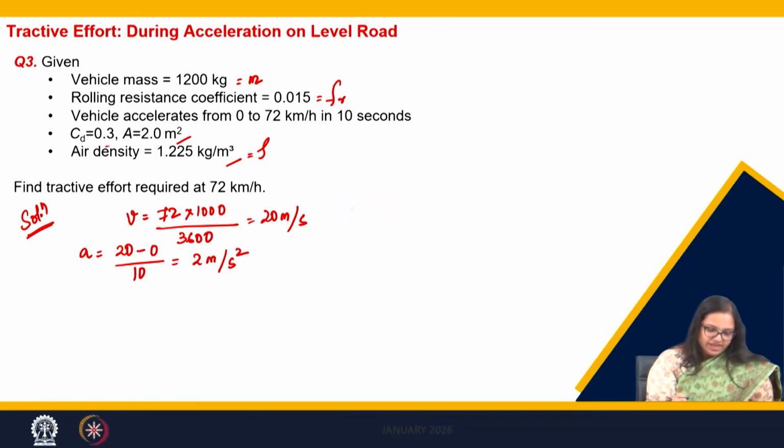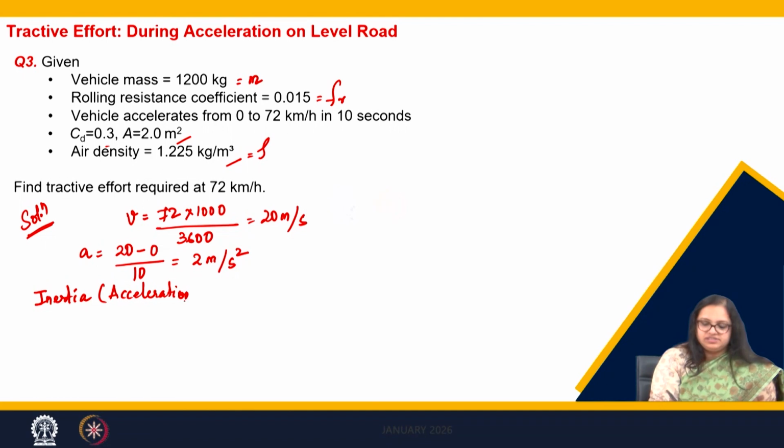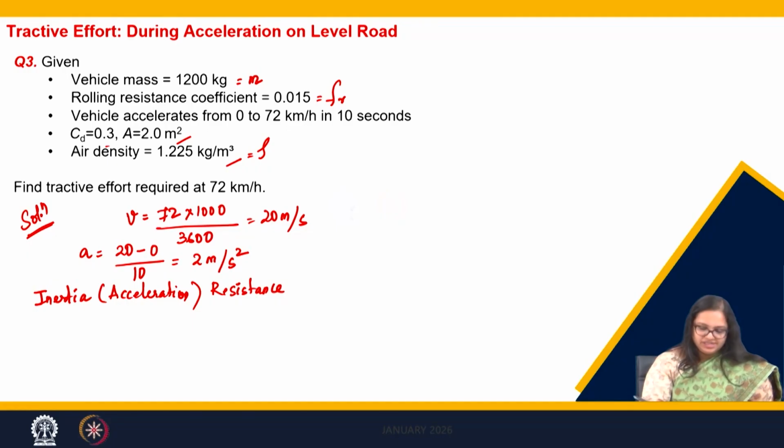Here I have the inertial or the acceleration resistance. How do I find it? Fi is equal to ma.